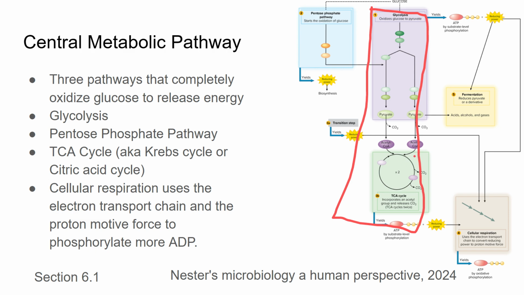This is because as the substrates are being broken down, phosphorylation is occurring. Down here in cellular respiration, that's going to be called oxidative phosphorylation. That's because we're using redox reactions, or oxidation reduction reactions, to phosphorylate. And we'll talk more about that later as well.